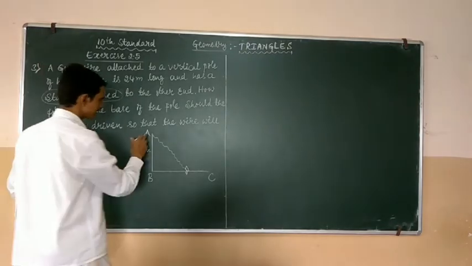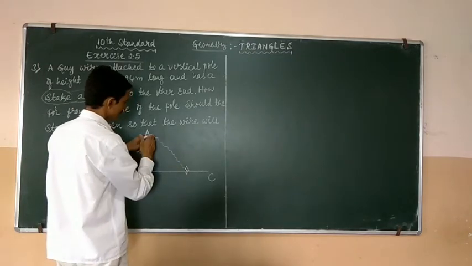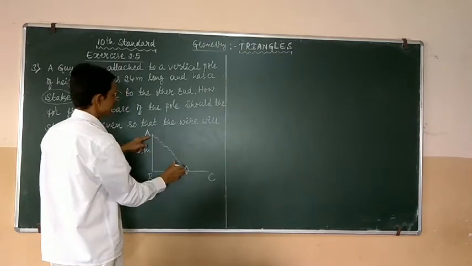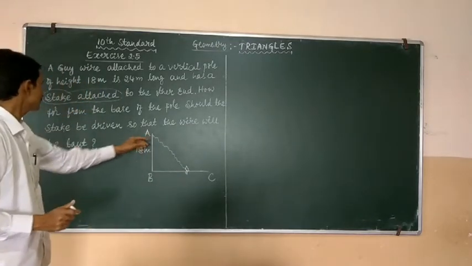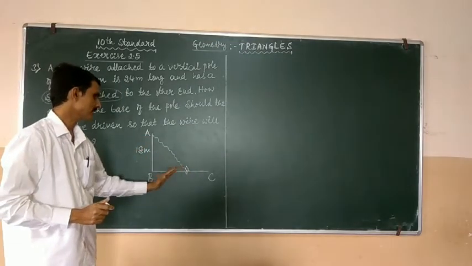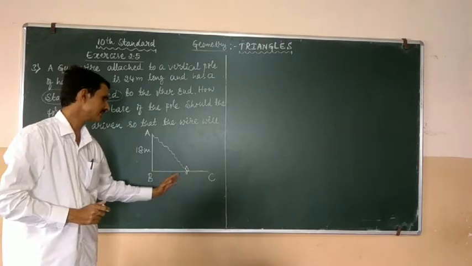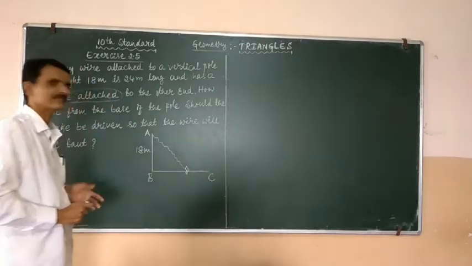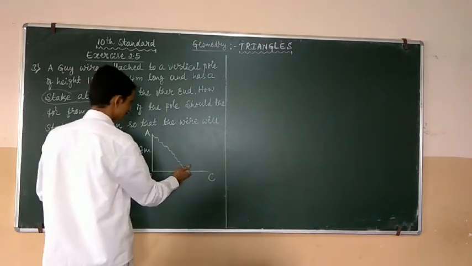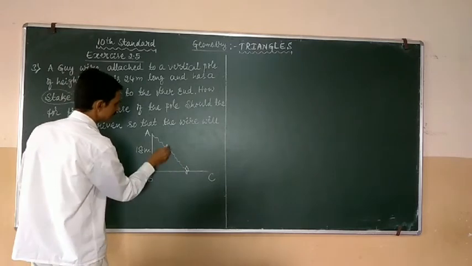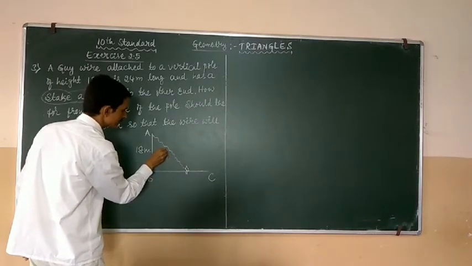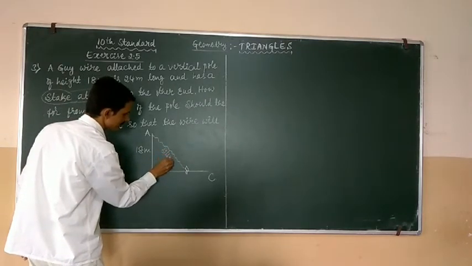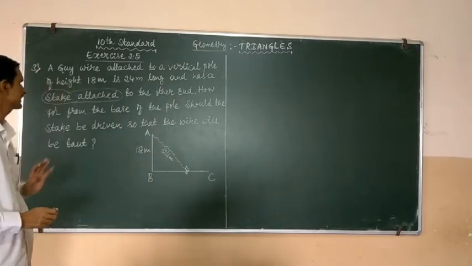So to make it straight, we have to move this stake to the right side or to the left side. The length of the wire is 24 meter.